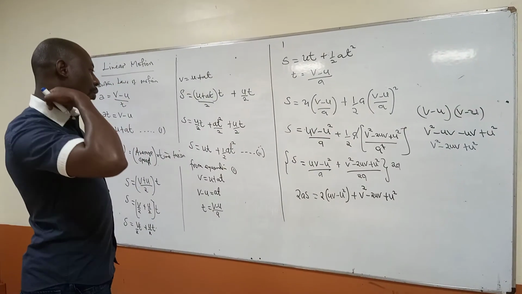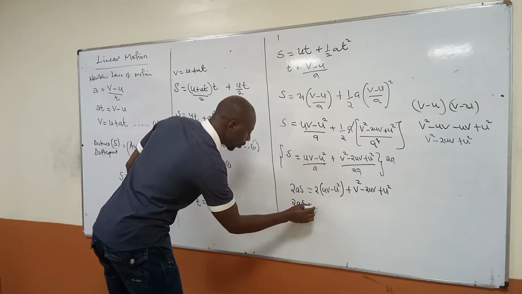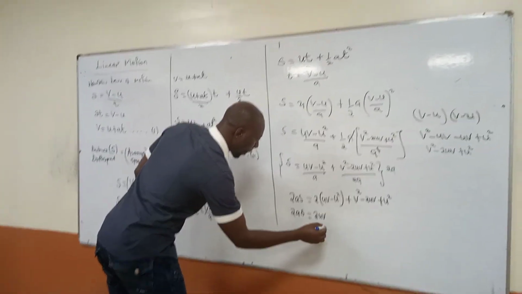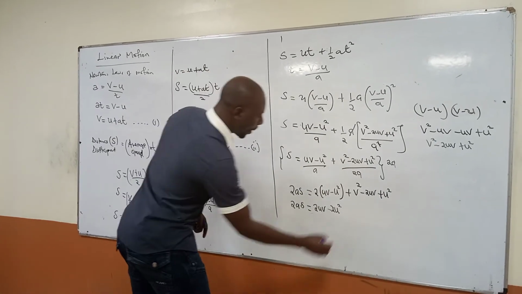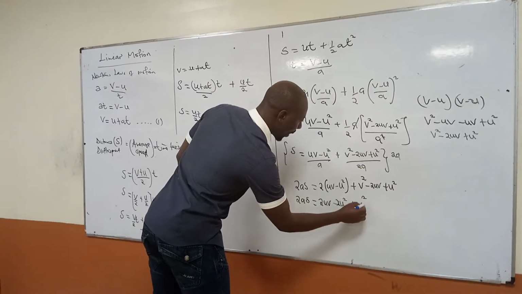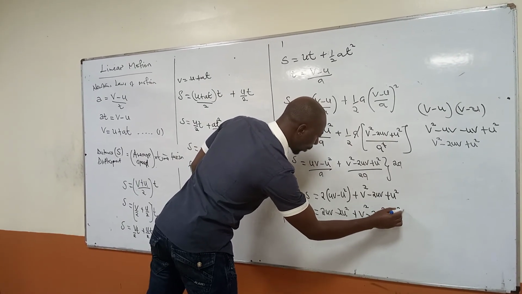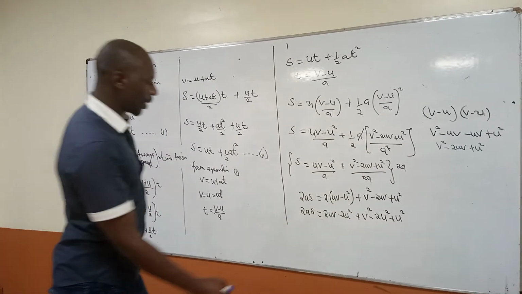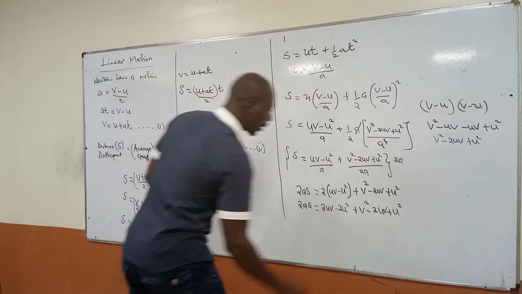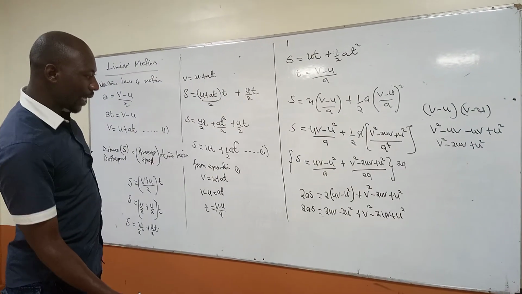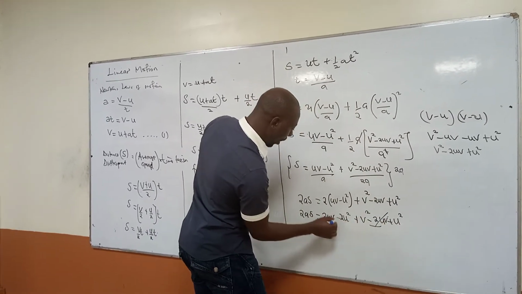In that format, you can expand and collect the like terms. This side will be 2as is equal to 2uv minus 2u squared plus v squared minus 2uv plus u squared. So you can collect the like terms. 2uv and 2uv cancel out.